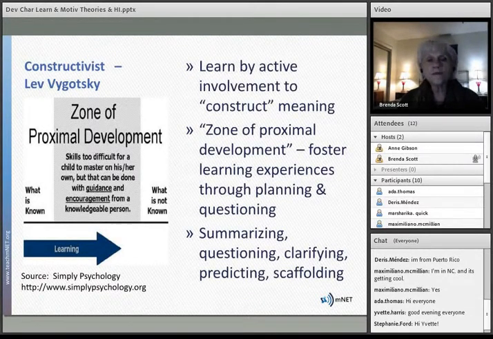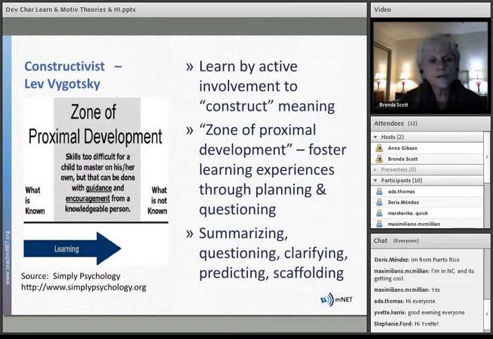You learn not just by involvement, but active involvement. You've got to be interacting with your environment, but it's got to be very active learning. When I think of this, I think of more hands-on learning, in terms of thinking.